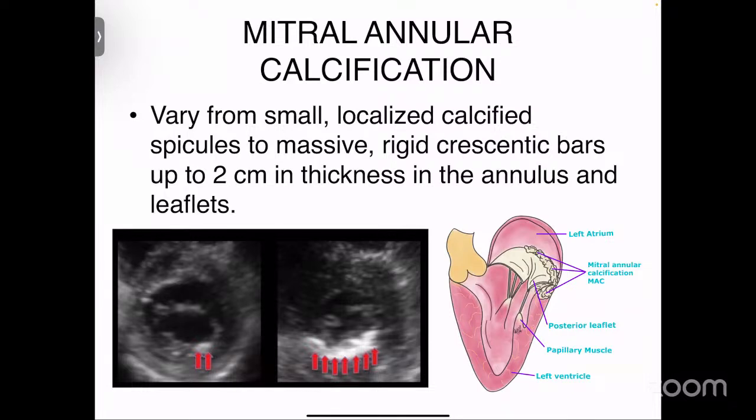Other complications include, in cases where the calcification is mobile or friable, patients can develop systemic embolizations.